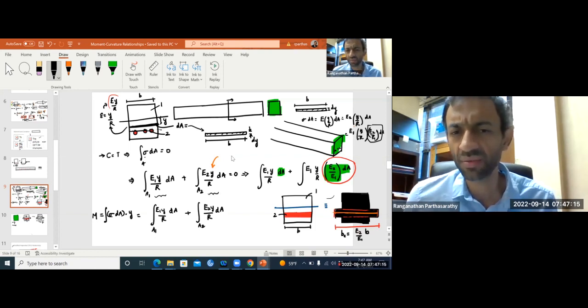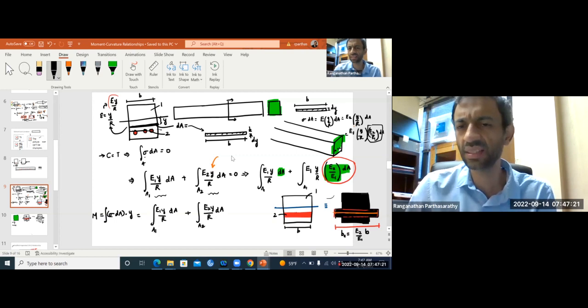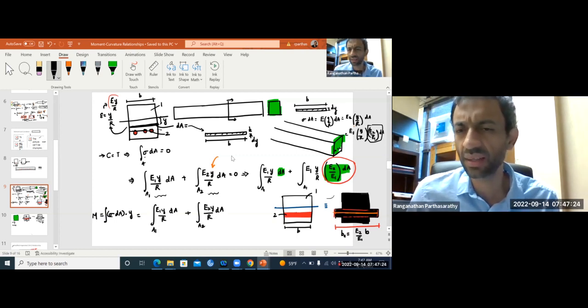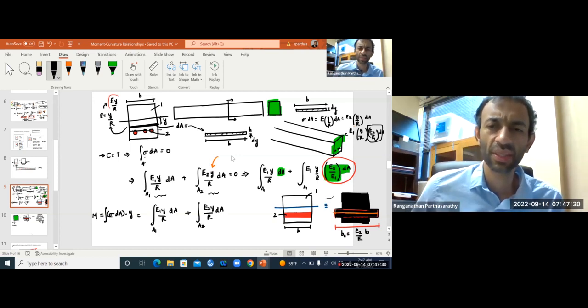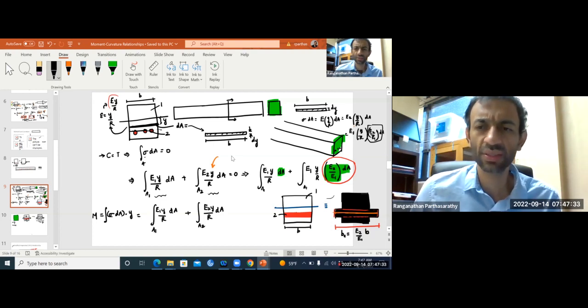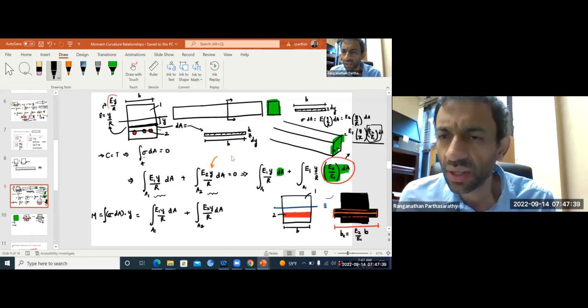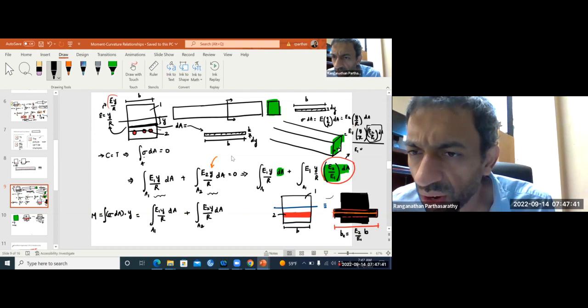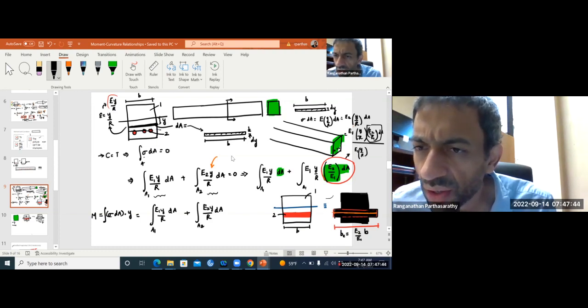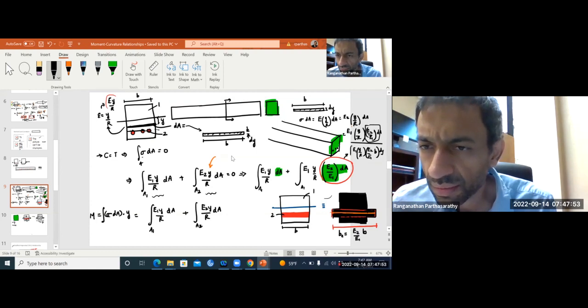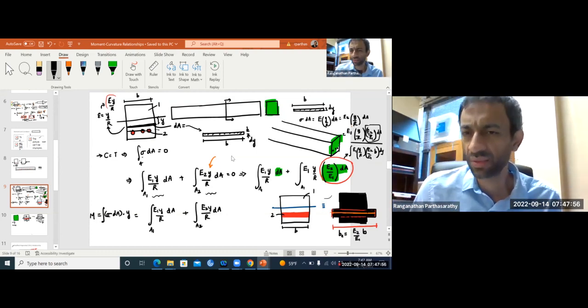But now we are converting material 2 to material 1 by changing the width. So your dA in the region of material 2 became E2 by E1 times dA. So this particular thing we will write as E1 y over r, E2 by E1 b times dy. That's what it actually is.